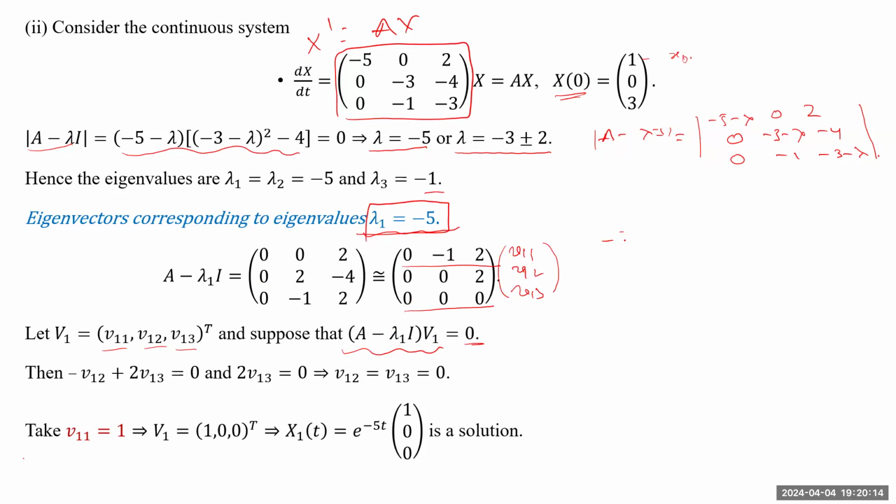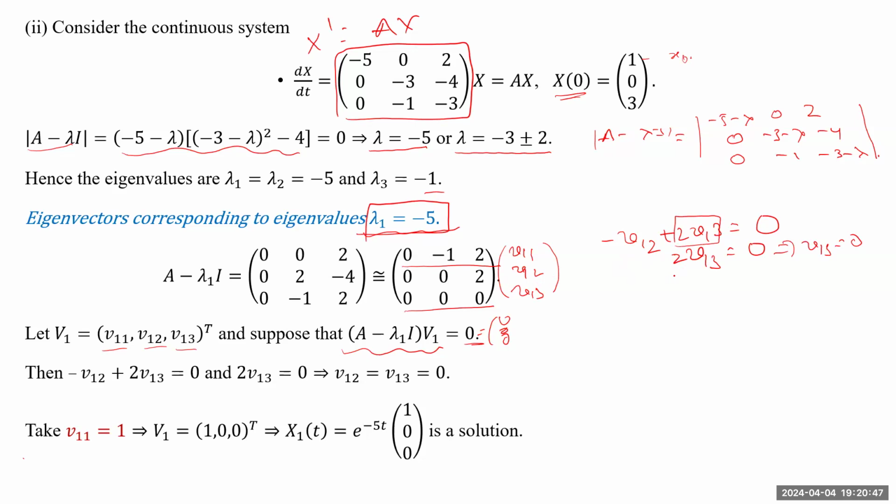So expanding this, that is minus V12 plus 2 V13 is equal to 0, because the right hand side is the zero vector 0, 0. And in the second equation, when we expand it, 2 V13 is equal to 0, which means V13 is equal to 0. Substituting in the first equation, you will get V12 is also 0.